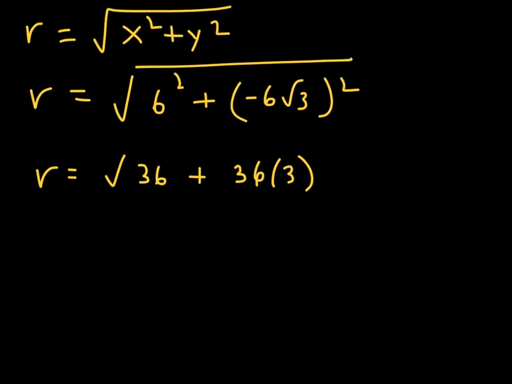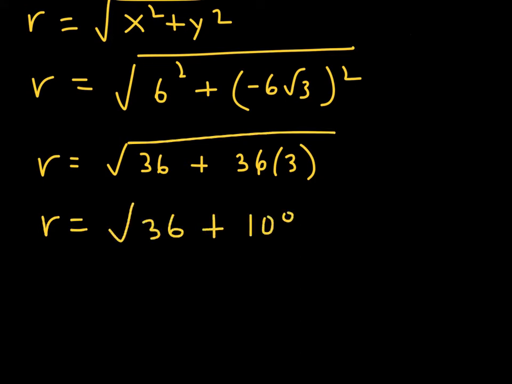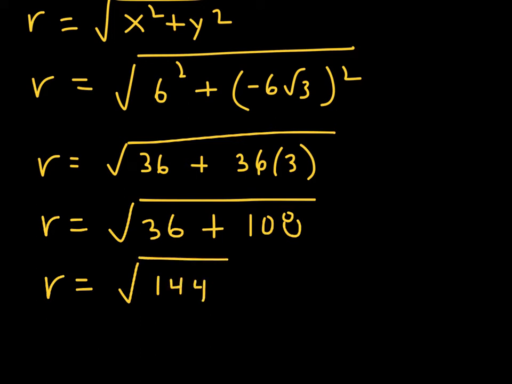Let's keep going here. So then r would be equal to 36 plus 108. So r would be equal to the square root of 144, which is equal to 12. Okay, so we know what r is.